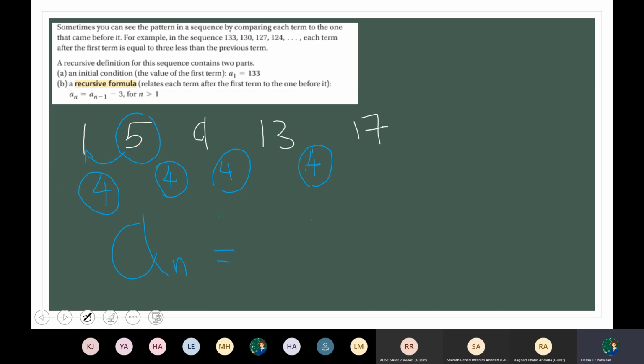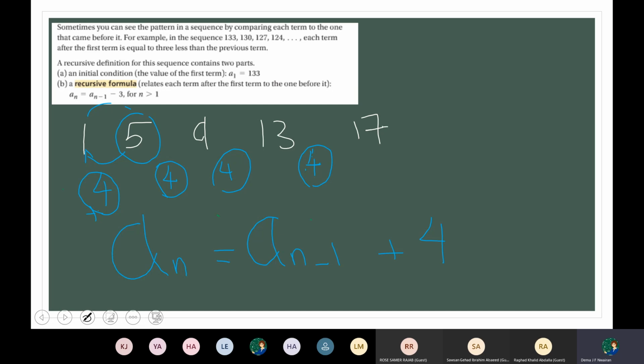No, this is for the explicit formula. I will describe it with the previous one, like A sub n minus 1, the term that comes before it. Then, as you see here, my new term, which is 5, is the first term plus 4. So I will add 4 here.